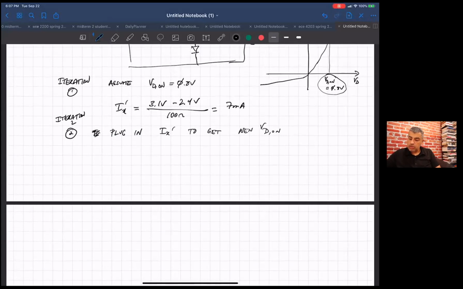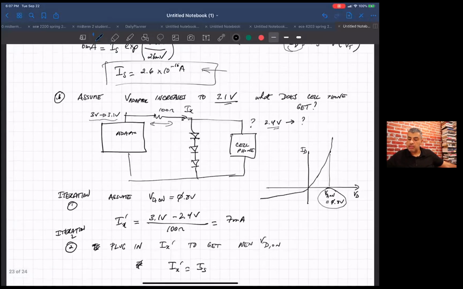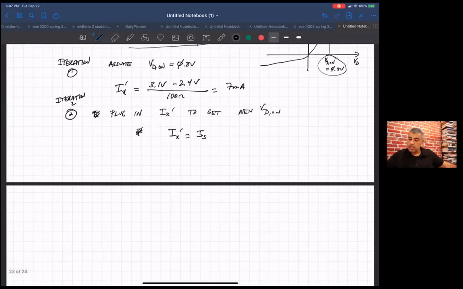Okay, so again we have this equation for I sub x prime. We didn't change out our diodes from part A, so the I sub s remains the same, 2.6 times 10 to the minus 16. And then we're solving for V sub D on, and actually let me use another equation that's easier.